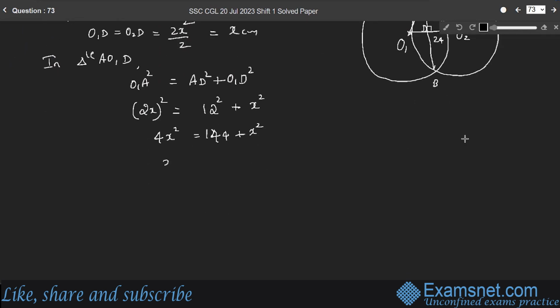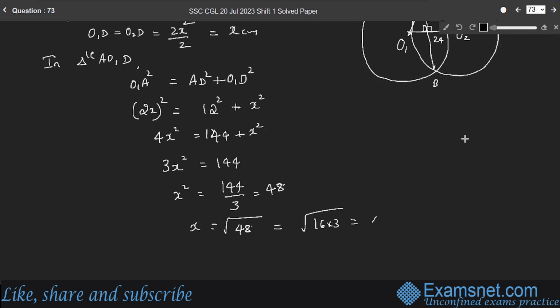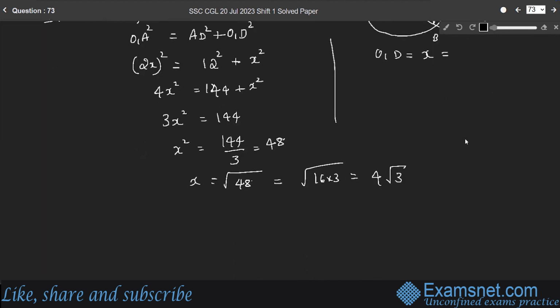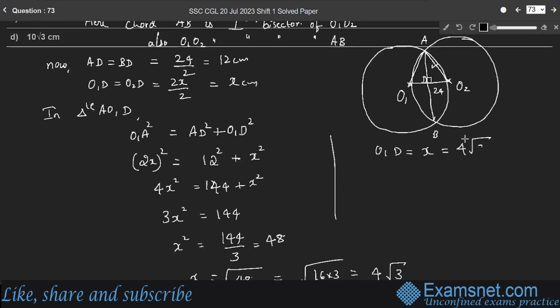Therefore, 4x square minus x square, 3x square is 144. So x square is 144 by 3, which is 48. Therefore, x is root of 48, so 48 can be written as 16 into 3, which is equal to 4 root 3. So O1D, x centimeter, is 4 root 3 centimeter.